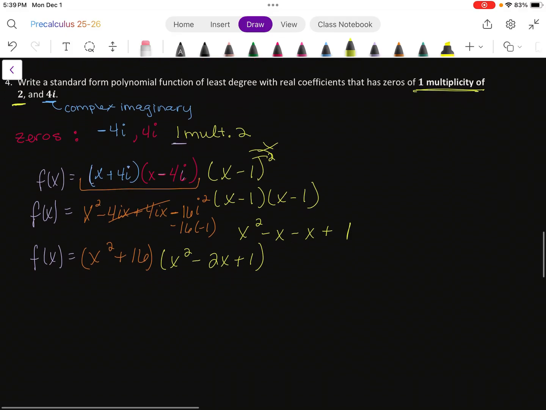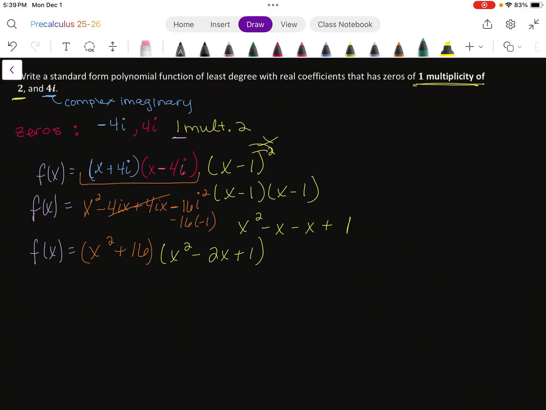Final tedious step here. I have x squared times everything on the inside of that trinomial. And then positive 16 times everything on the inside of that trinomial. All right.